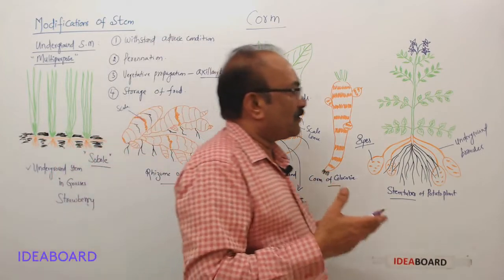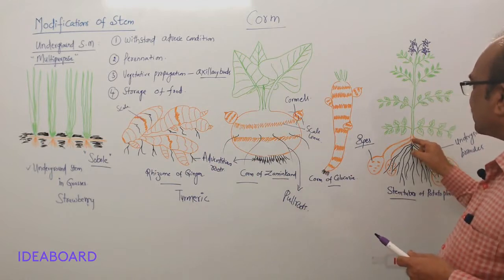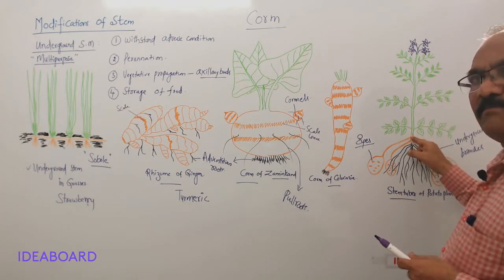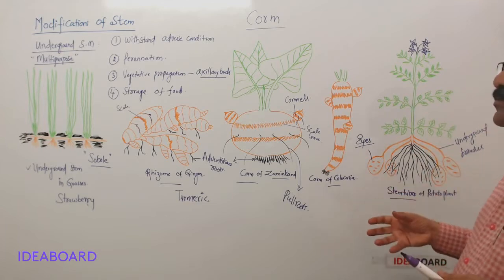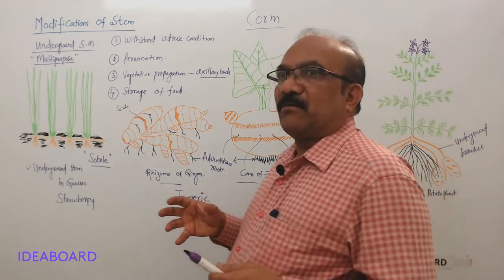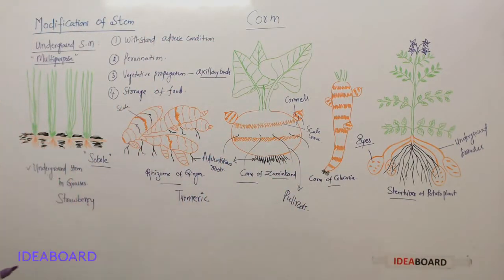The same thing will repeat from the lower portion of that stem, the underground part. The branches will come out and again produce potatoes. These are underground stem modifications.